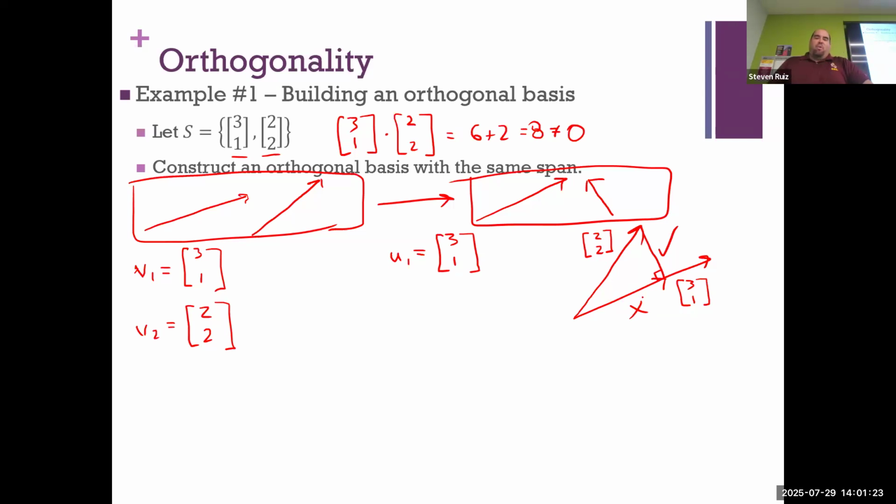Even though I don't want it, even though it's not the desired end result, I'm going to find the parallel part of this first. So that is the orthogonal projection. I want to find the orthogonal projection of (2, 2), so of V2 onto U1.